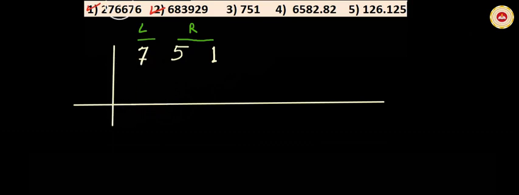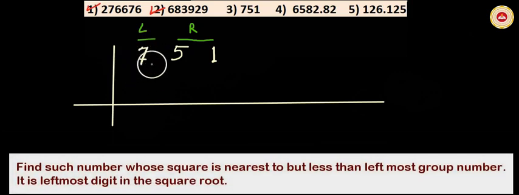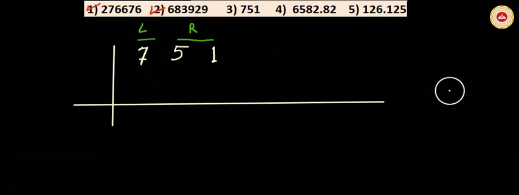Next, let us find the first digit, the highest place digit of the square root. How to find that? See, observe this left group, which is 7 here. We are going to find such a number whose square is nearest to this 7 but less than 7. Which is such a number? See, 1 squared is 1, 2 squared is 4, 3 squared is 9.